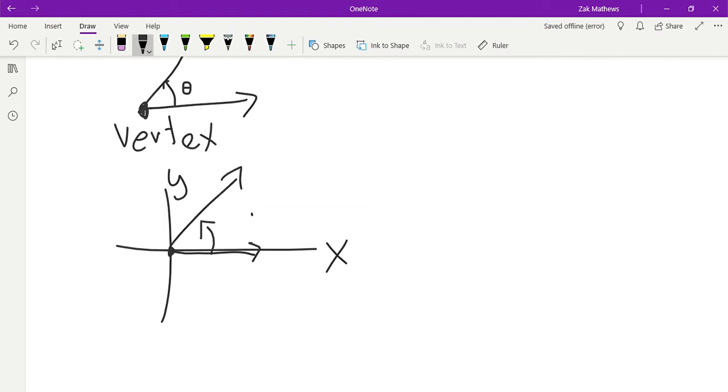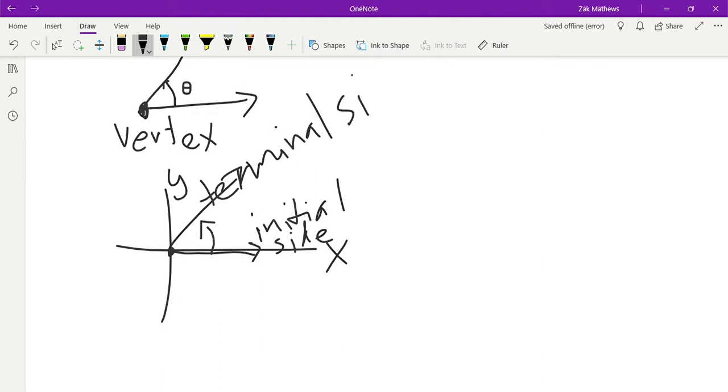So we have our initial side down here, and we have our terminal side up here. And so what that means when our angle is in the standard position, that means that the vertex is always at the origin. Here, this angle is very close to being in the standard position, but notice if I were to have drawn the x-axis on there, the initial side is just sitting above that x-axis, so not quite in the standard position.